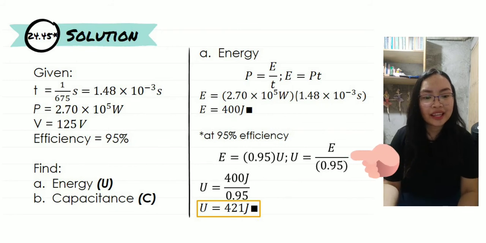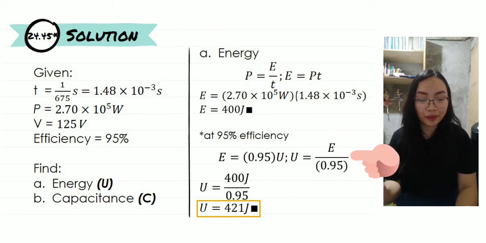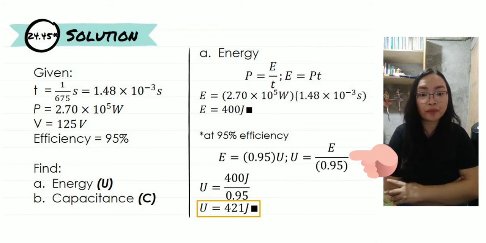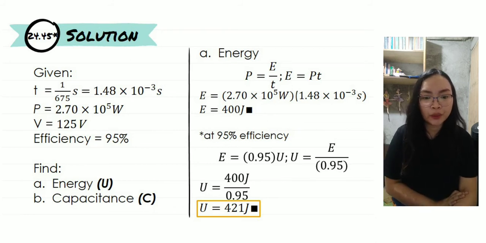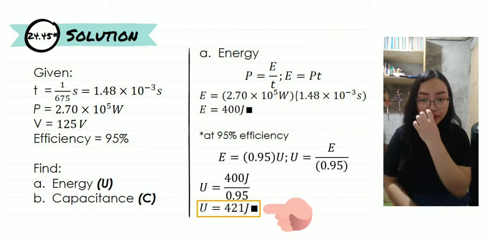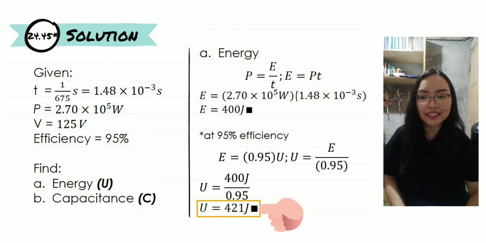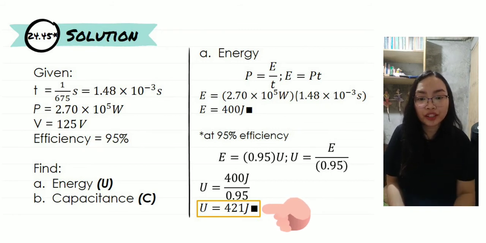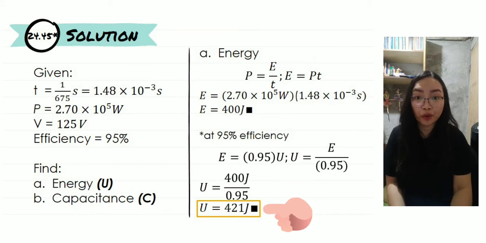So we will get E, which is the value that we got, divided by 0.95, which pertains to its 95% efficiency. So upon substitution, we will get U is equal to 421 joules. So this is the total energy that is needed to be stored in the capacitor for one flash.